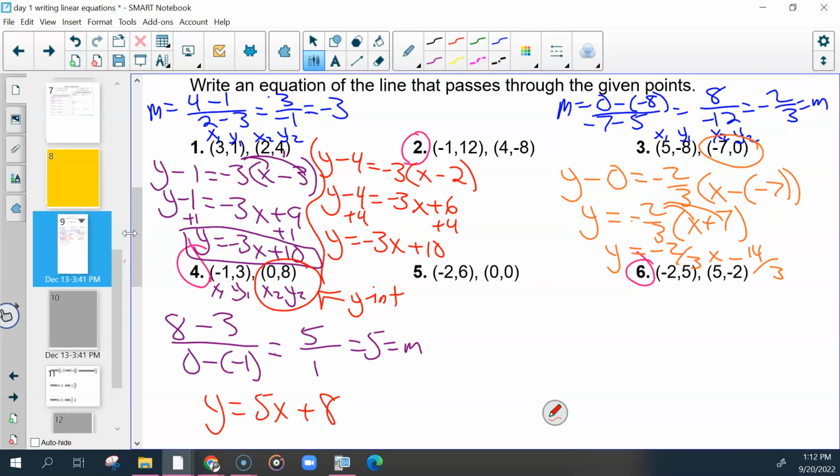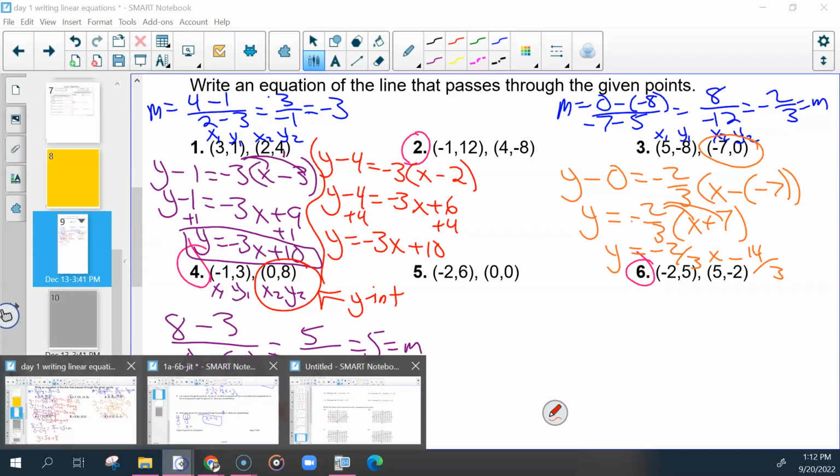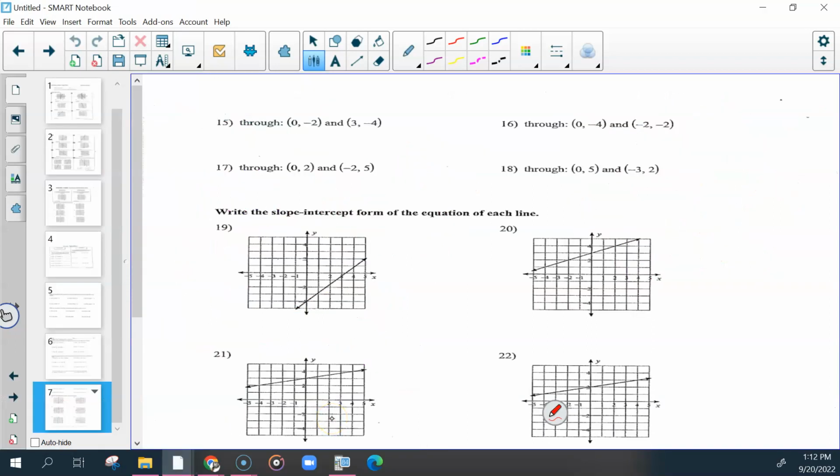So then I want you to look at numbers 2, 5, and 6, and at the last page, numbers 13 through 18. And see which ones you want to go through, have questions about, want to see, want to do together, anything like that.